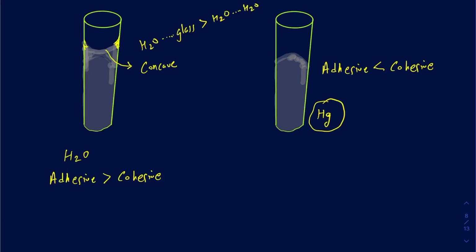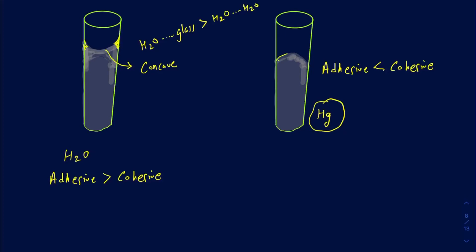That's because mercury has stronger cohesive forces, so it likes to stick with its own mercury atoms better than with other things. If you place mercury in this beaker or test tube, it's going to make a convex meniscus, trying to avoid the glass surface as much as it can.